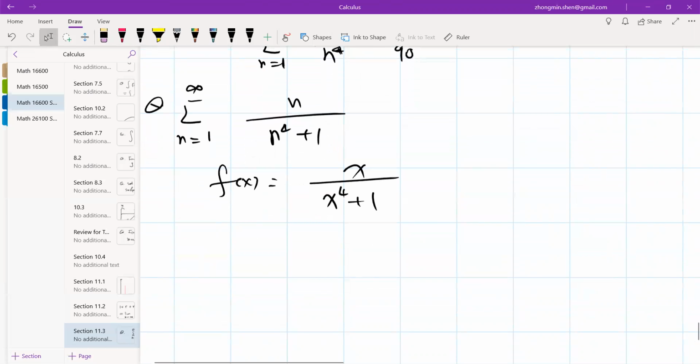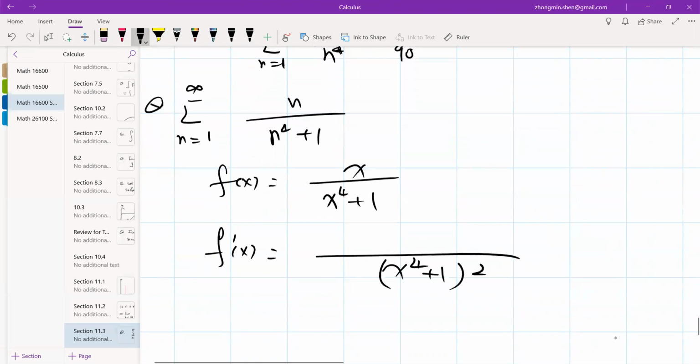Decreasing is not obvious, but it looks decreasing because the denominator grows faster than the numerator when x is greater than or equal to 1. So all I have to do is find the derivative, which is x to the fourth power minus x times 4x squared.